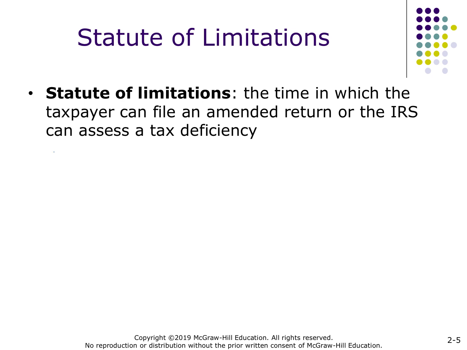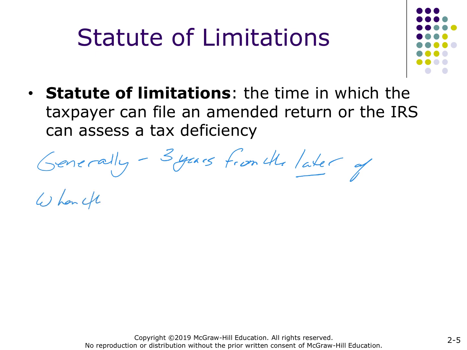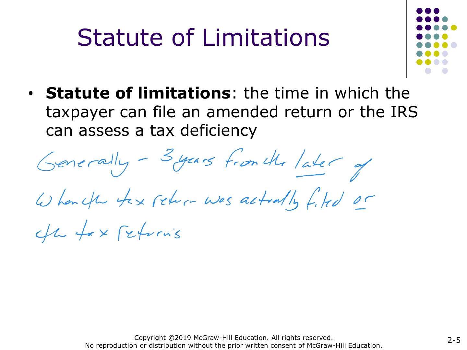So generally, assuming no fraud, it's just your regular garden variety tax return, and you had an addition error, generally it's 3 years from the later of when the tax return was actually filed or the tax return's original due date.